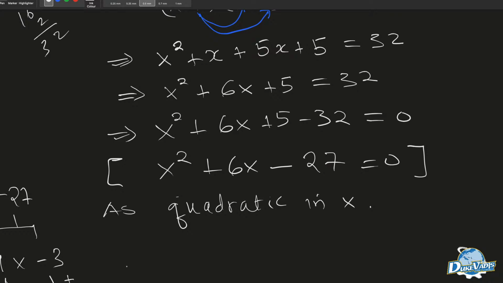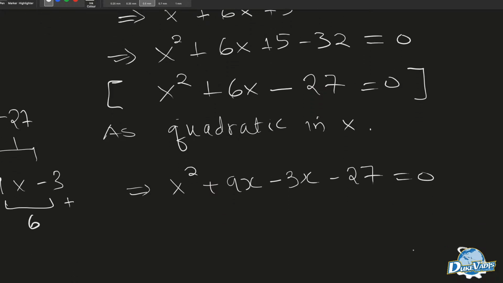So you see that this will be the factor. So this implies that x squared plus 9x minus 3x minus 27 is equal to 0. You see, as quadratic, so what do we have to do? We do factorization.